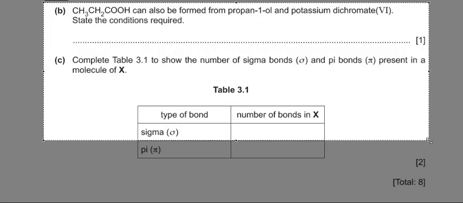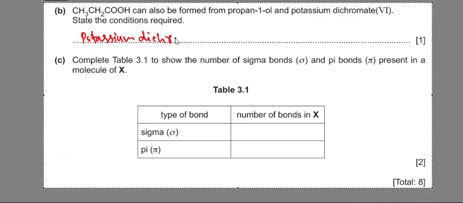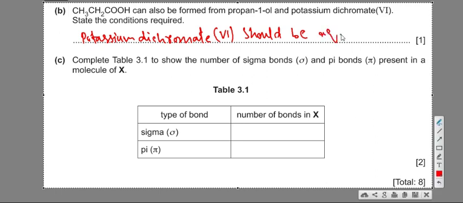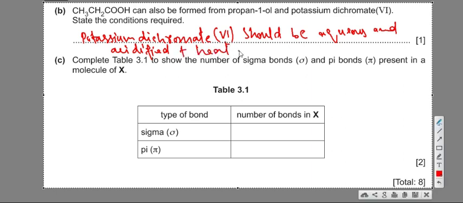So we are going to say that the potassium dichromate should be aqueous and acidified, plus heat, or again you can write heat under reflux.